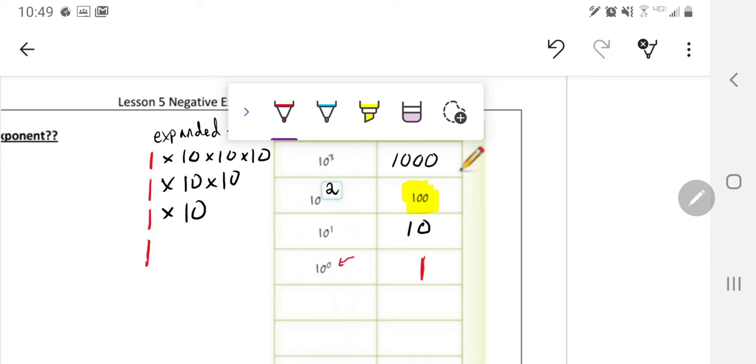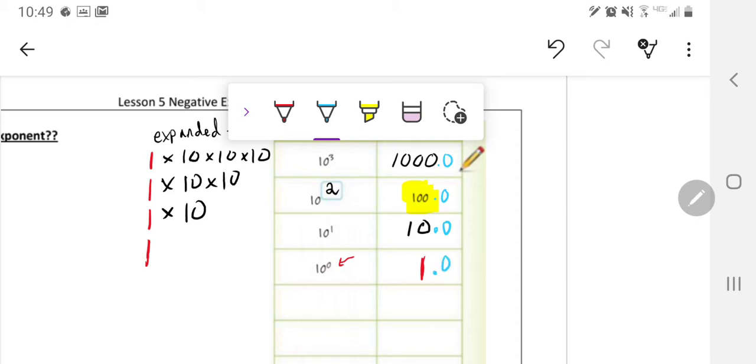All right, so anything to the 0 power is 1. Now, what's next? All right, so let's throw in, with a different color, 0, 0, 0, 0. All right, so far that 1 keeps creeping closer to the decimal.